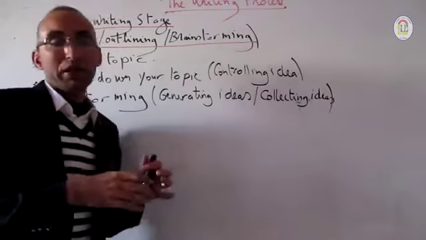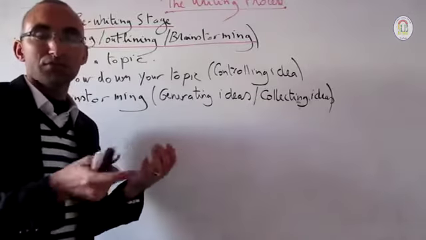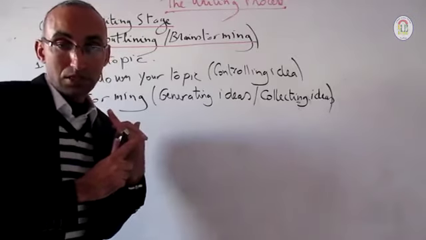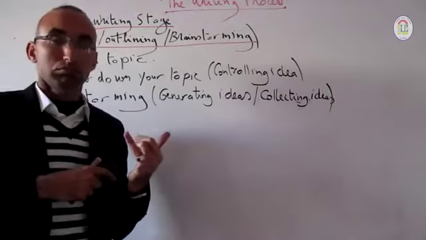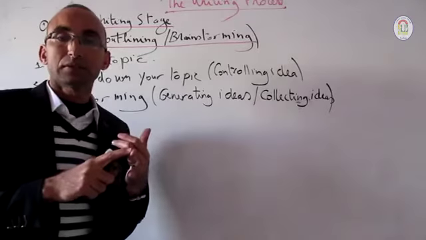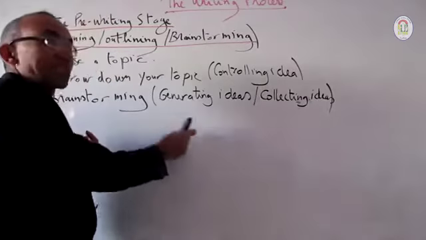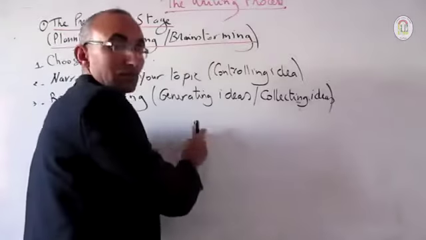So, you can write these ideas, which you have gathered and collected, either in the form of a list, and we call this strategy listing, or in the form of free writing. You keep writing all that comes to your mind in one block of writing, line after line.